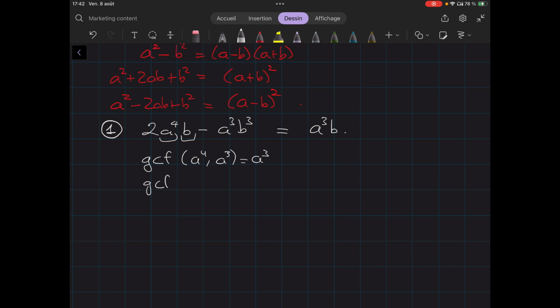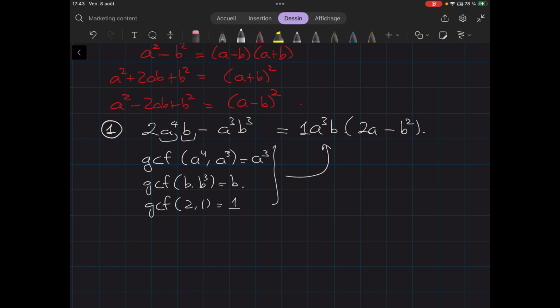The greatest common factor of b and b cubed is b. The greatest common factor of 2 and 1 is 1. Therefore, we can factor a cubed b out of the bracket. What's left is 2a minus b squared. Can we do anything else with it? No, we cannot. So that's the end of our factorization.